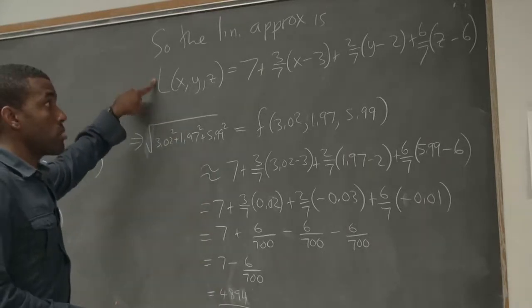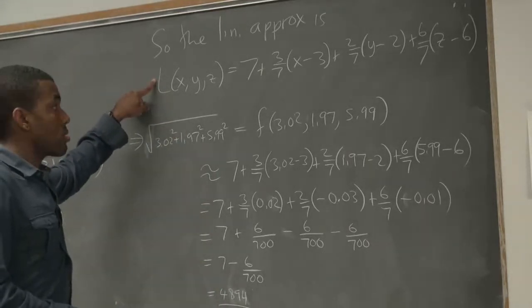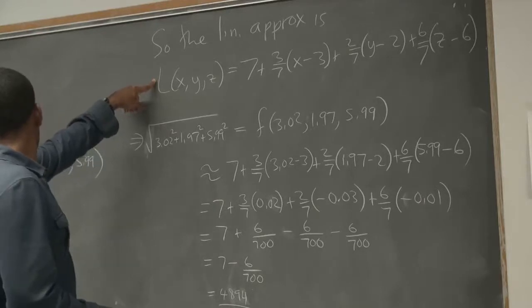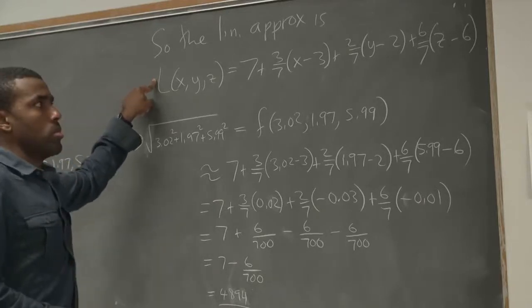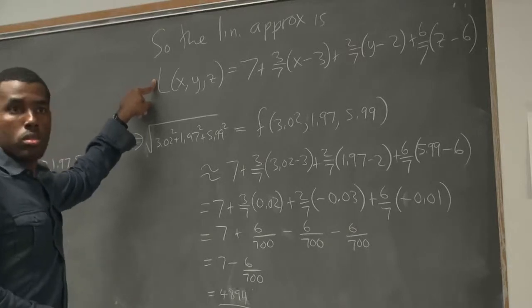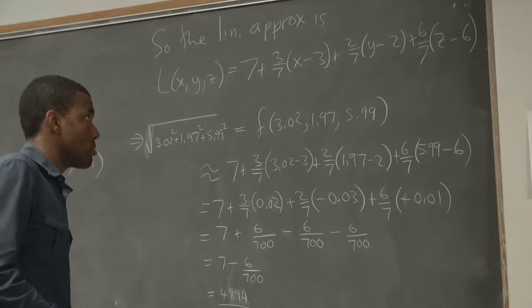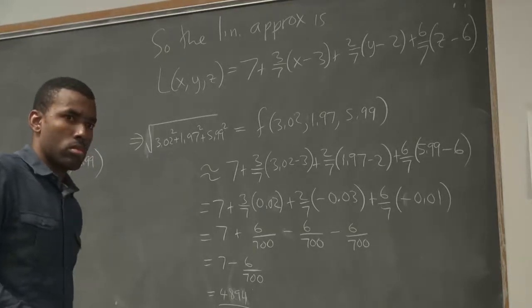Yeah, we have that here. No, but they don't have the minus, like x minus 3, y minus 2, z minus 6. They just put it in terms of x, y, and z. It's number 19, 11.5.